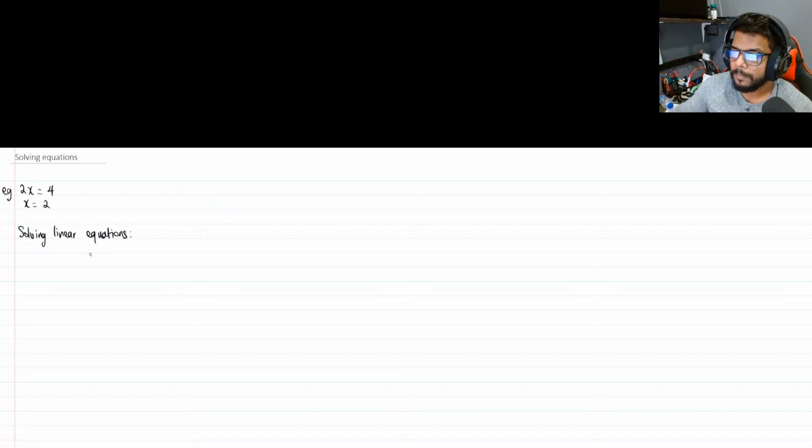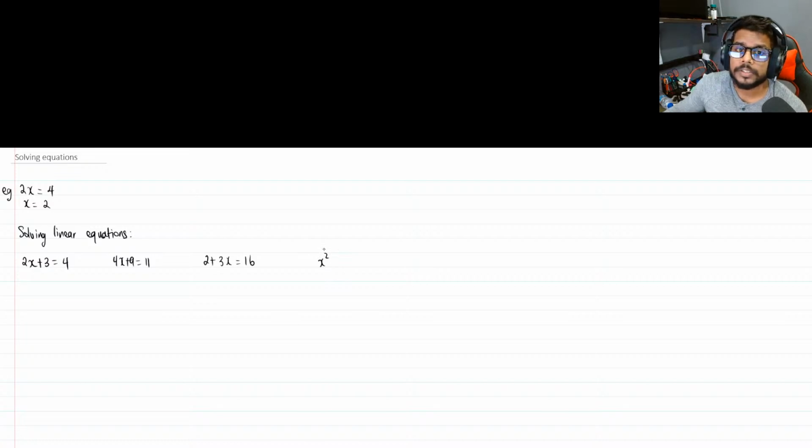So for example, 2x plus 3 is equal to 4. That is a linear. 4x plus 9 is equal to 11. That is another linear. 2 plus 3x is equal to 16. That is a linear.